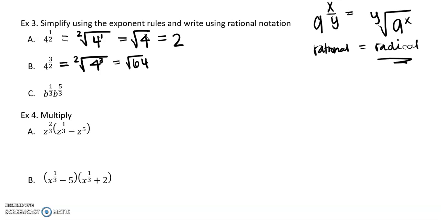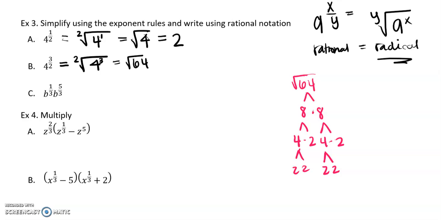And then you could go ahead and do a tree. So I'm going to do that tree on the side. I know 64 is 8 times 8, and then that's 4 times 2, 4 times 2, 2 and 2, 2 and 2. And then I'm just going to cross out what I've already used. So now we're going to do groupings of 2, right?